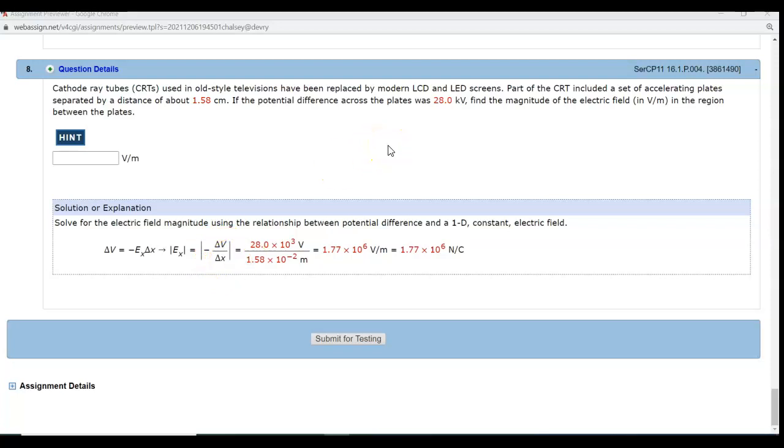The change in voltage was given at 28 kilovolts, 10 to the third for K. And the distance was given as 1.58 centimeters, 10 to the negative 2 for centi. Volts per meter and newtons per coulomb are equivalent.